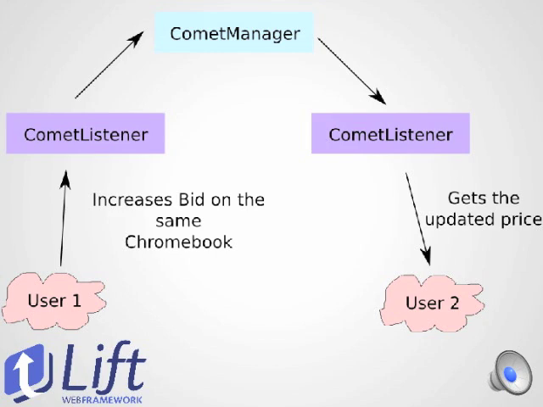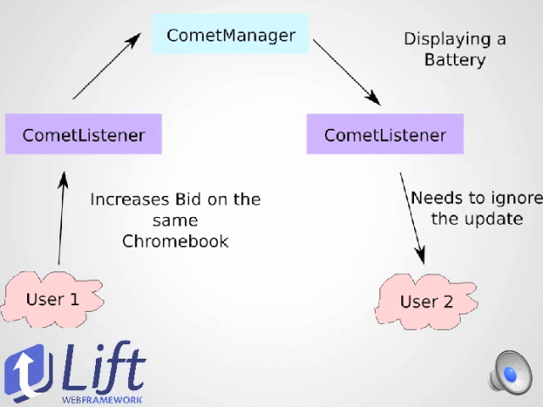Let's say in the eBay example, all your Comets in charge of updating price will register themselves with the CometManager. The CometManager will have a vector of all these Comet actors, and if there's a price change on any item, the CometManager will send that message to all the Comet actors.